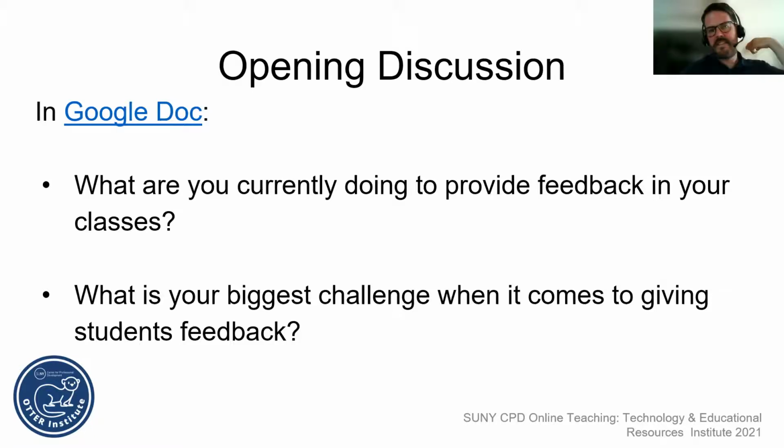Being timely, I see Madeline put initially, I think they say timely feedback is the most important thing you could do, right? Because if feedback comes too late, students might not be able to understand exactly what it is they did that they're getting feedback on. So the timeliness of feedback is super important. What that means depends on the course and the content, but certainly you want to give feedback as soon as you can after students complete something.